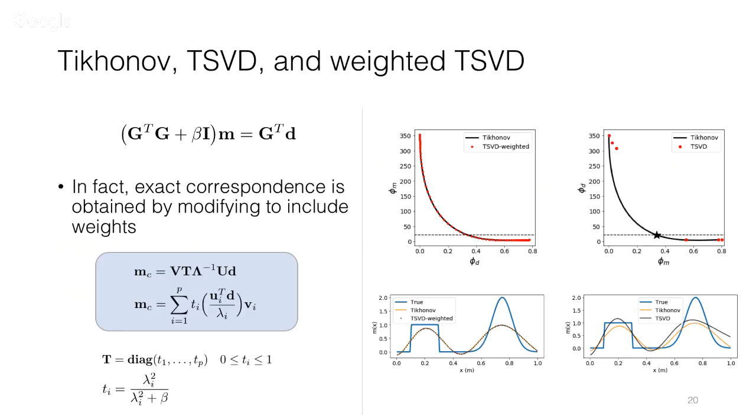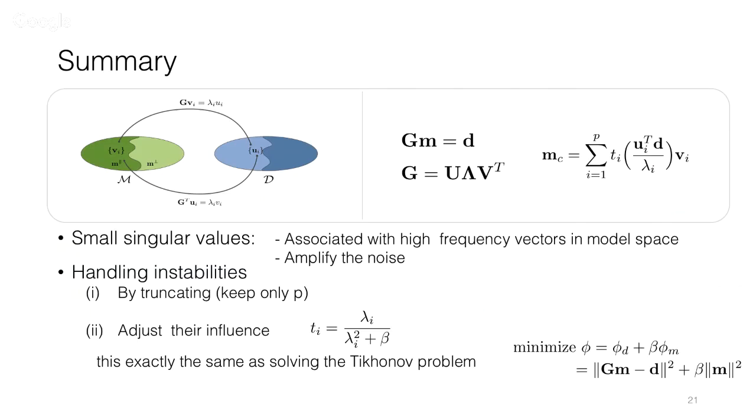There are a couple of reasons for doing that. So here's the summary. We've got this matrix G that connects model space to data space. Our singular value decomposition had up to P of these non-zero values.